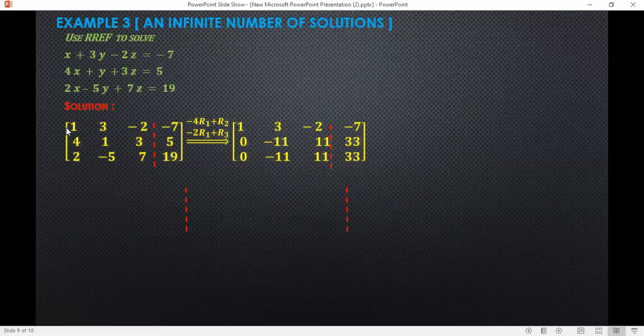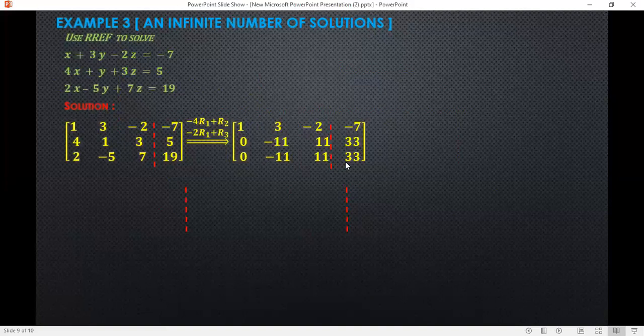Then here we have 1 as a leading one or a pivot, and here we have 4 and 2. First of all, I'm going to multiply the first row by -2 and add it to the last row, the third one, and also multiply the first by -4 and add it to the second row, and then the first row is still the same as you see here, and the second and the third rows are 0, -11, 11, and 33, and 0, -11, 11, and 33.